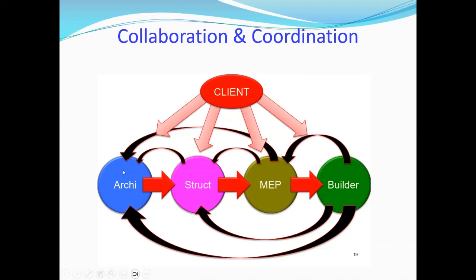Within an organization, you can also divide it at a big level, discipline to discipline, or consultant to consultant, and coordinate together. That's why Autodesk Revit has a cloud platform called BIM 360. It is a cloud-based collaboration platform. We need a license. If we have the license, we can upload our model to the cloud platform, and anytime we can upload and download it.